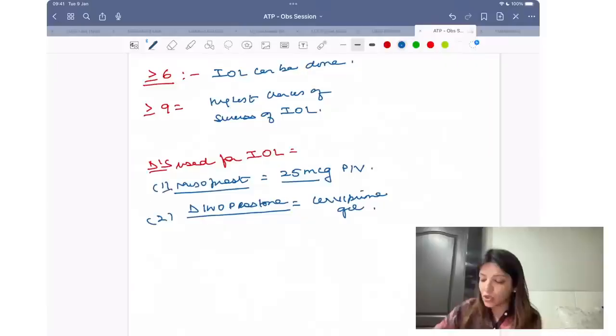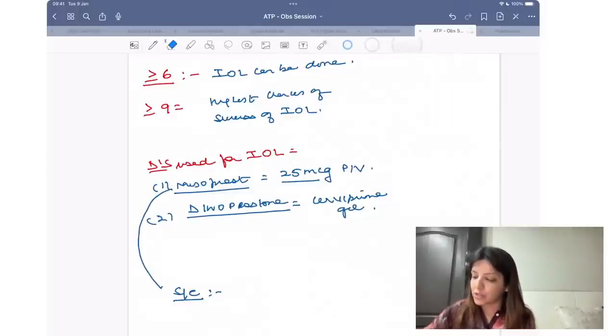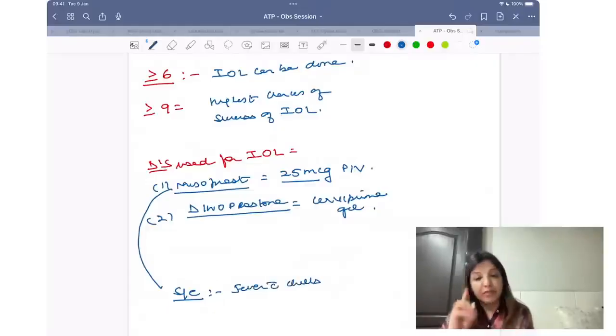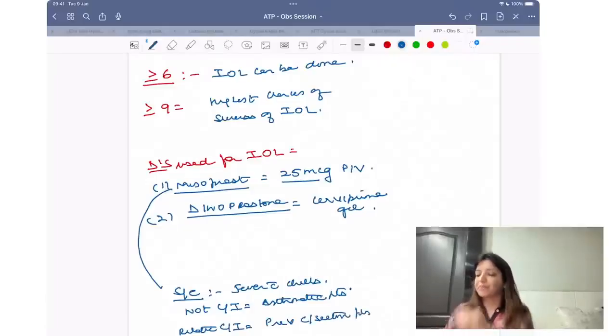Please remember misoprostol's side effect. One very important side effect of misoprostol which you have to remember is hyperthermia with chills. So fever with chills. Misoprostol is not contraindicated in asthmatic patients. Right? A relative contraindication for misoprostol is previous cesarean section patients.